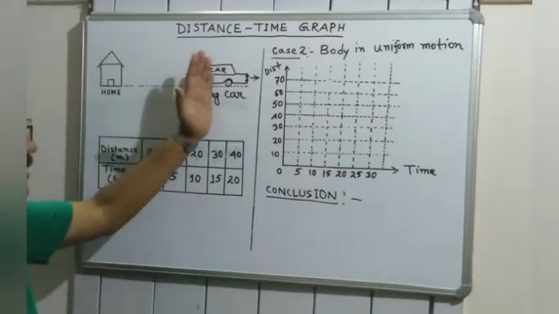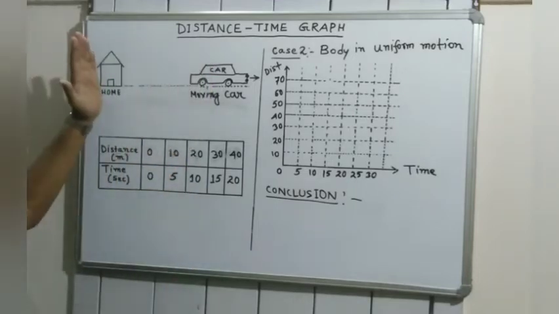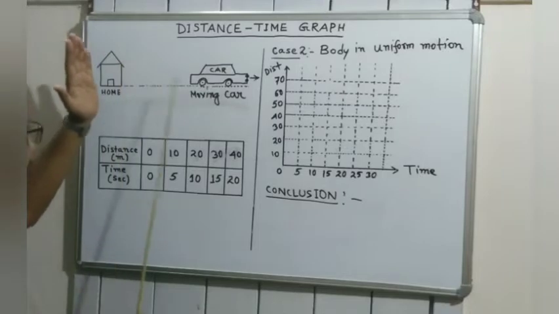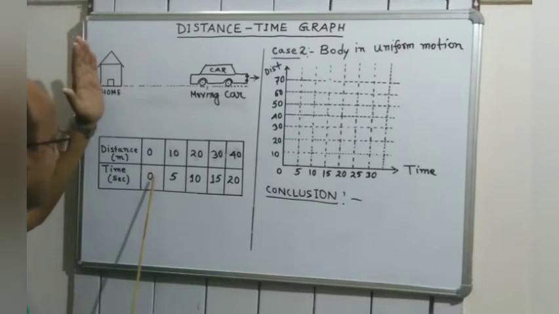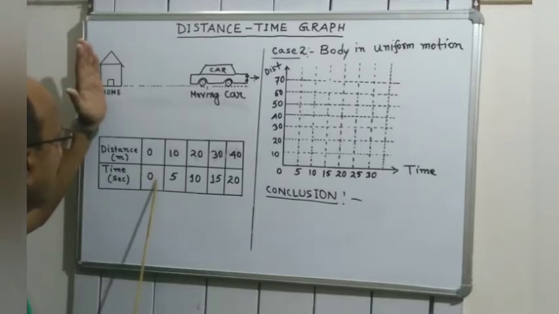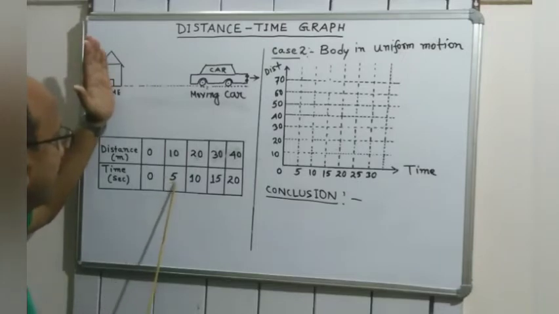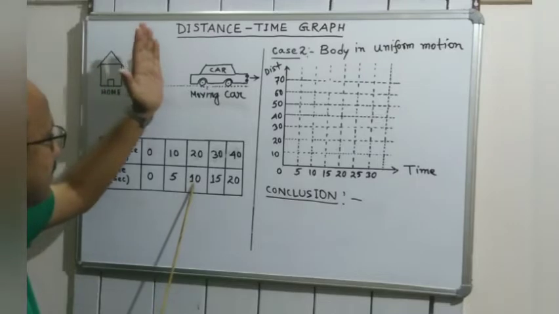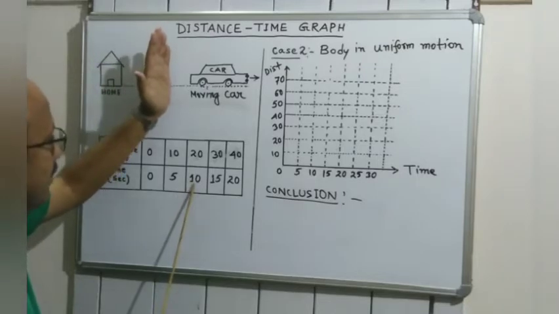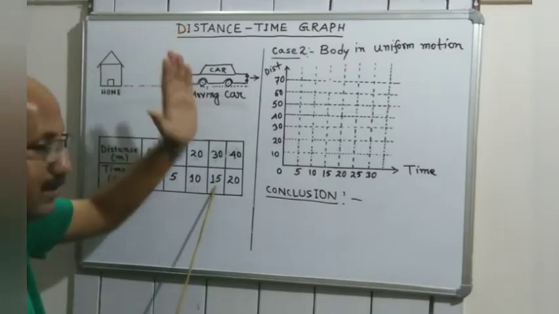The car has actually started from your home, so when time was 0, distance covered is 0. When the time is 5 seconds, the car has traveled 10 meters. At 10 seconds, 20 meters. At 15 seconds, 30 meters, and so on.